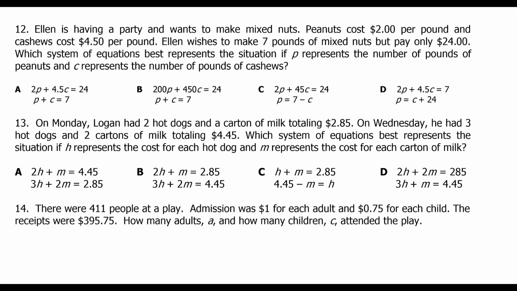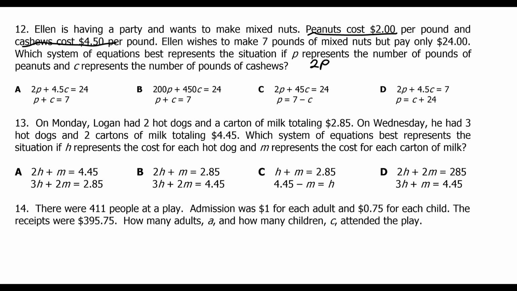So let's make that into an equation of some sort: 2 times P plus 4.5 times C, okay? And if we keep on reading, we figure out how much she wants to spend.